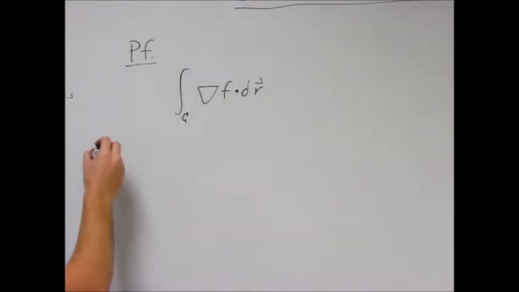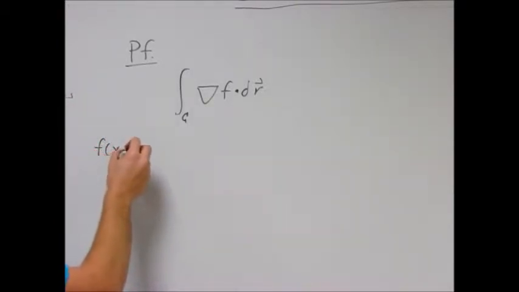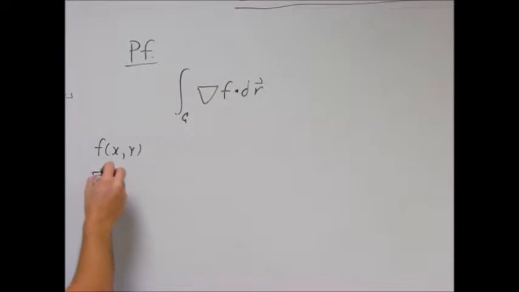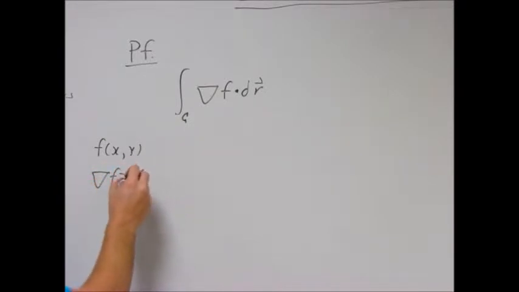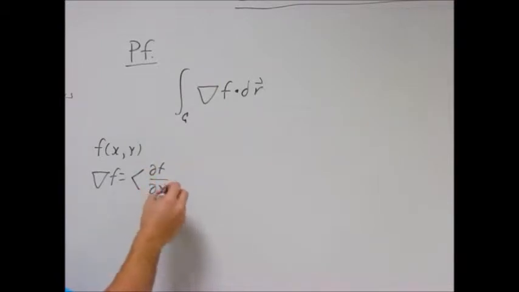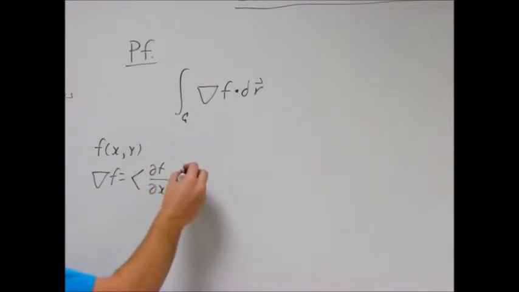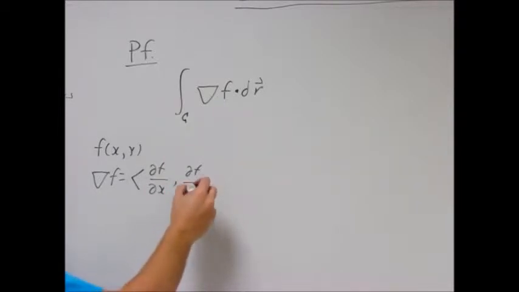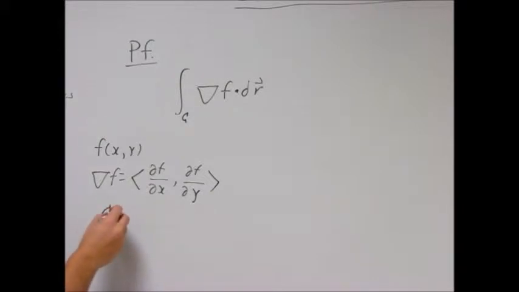So, if f is a function of x and y, then the gradient of f, as we know, is going to be the vector of the partial derivatives, the partial derivative with respect to x, and the partial derivative with respect to y. And so again, we have to talk about what our path is. Here's our path C.